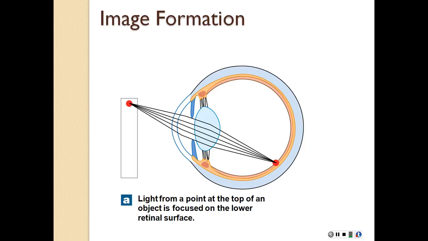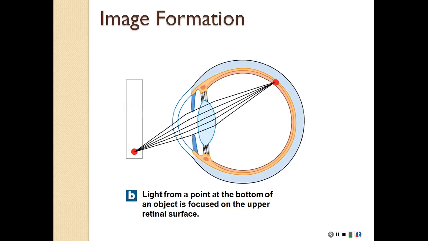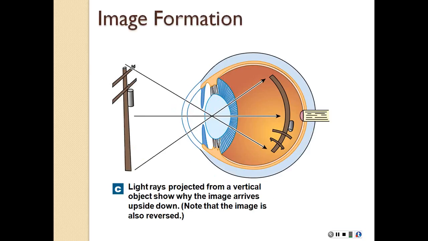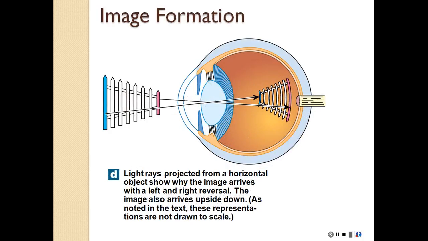Whereas if you're looking straight ahead, you can see the floor, so the light from the floor is going up to the superior part of the retina. So in other words, when we look at an image, by the time it hits our retina, it's inverted on our retina. Okay? Sort of like that. So the top of it ends up being on the bottom of the retina, and the bottom of the object or image falls on the superior part of the retina.